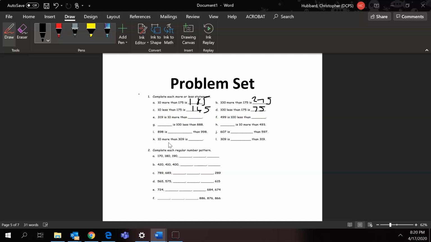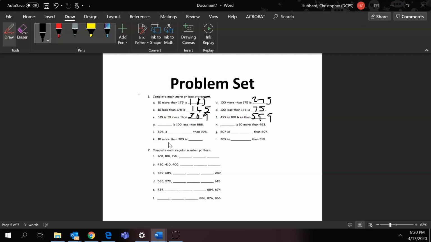Let's look at E. 319 is 10 more than 309. 499 is 100 less than 599.